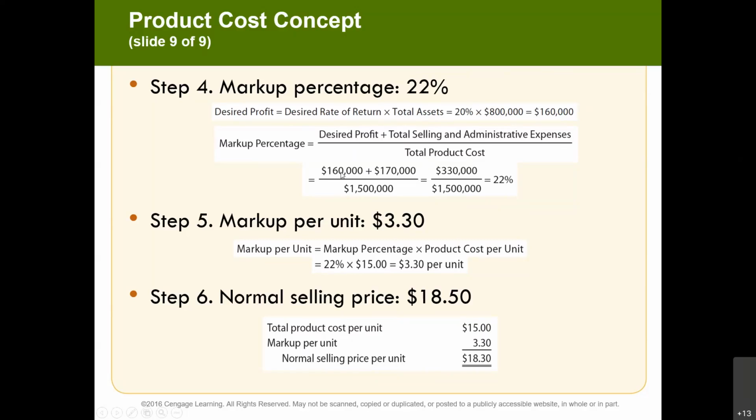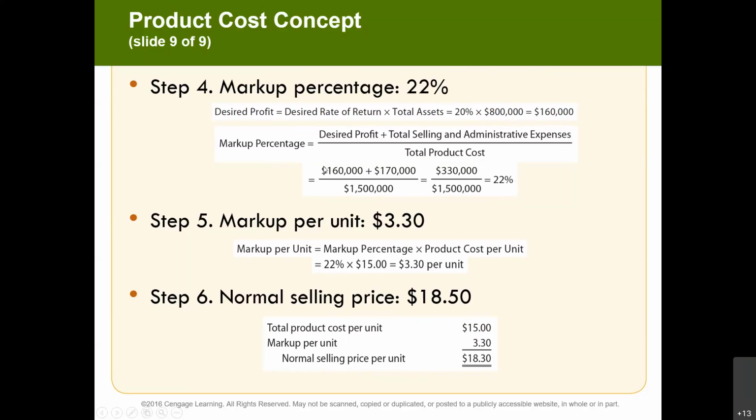So I took 160,000 desired profit plus 170,000 estimated selling and administrative expense, divided by total product cost, 1.5 million, to get to 22%.